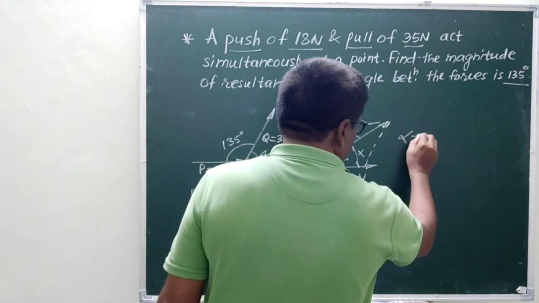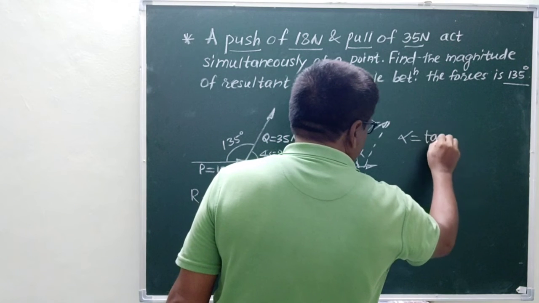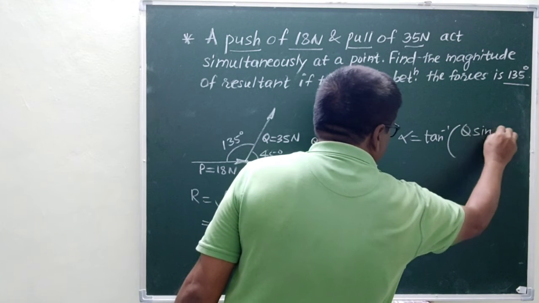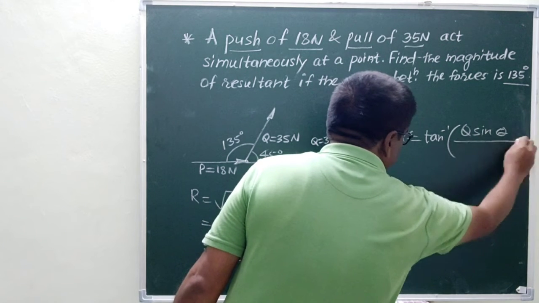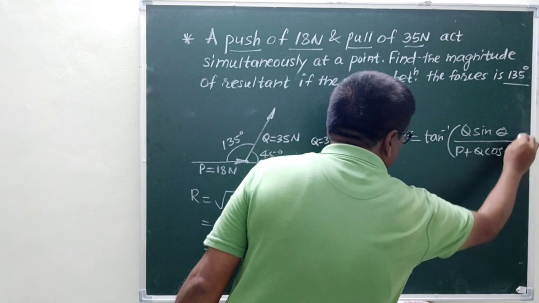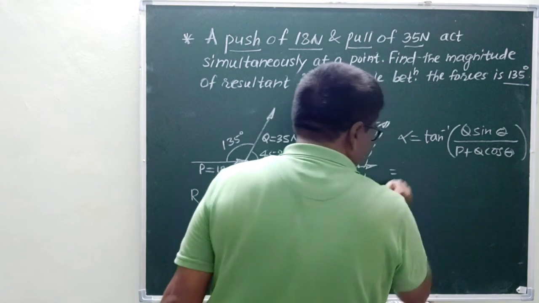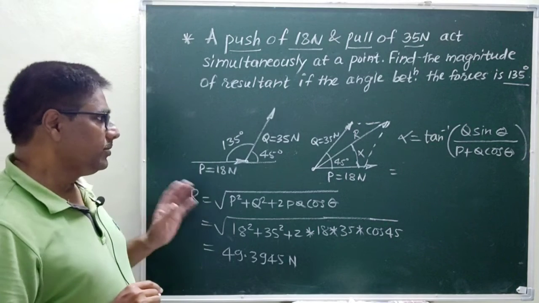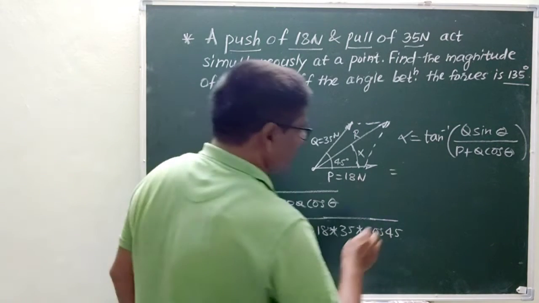The direction is given by alpha is equal to tan inverse of Q sin theta upon P plus Q cos theta. This is the formula that we have derived in the earlier video, formula for resultant and direction.